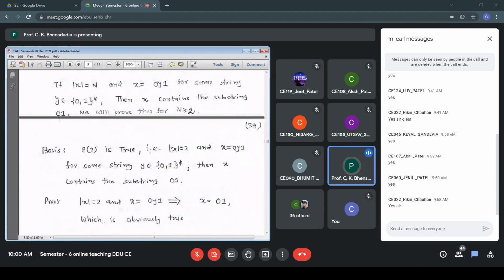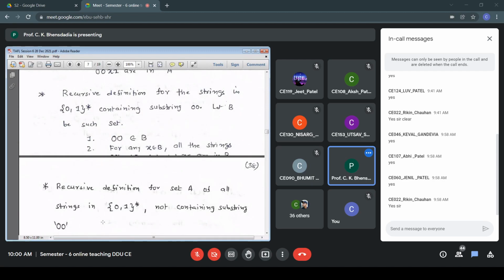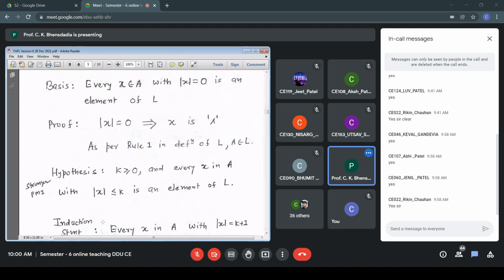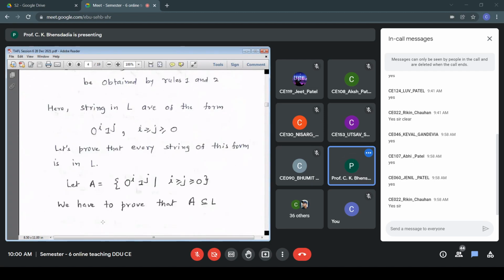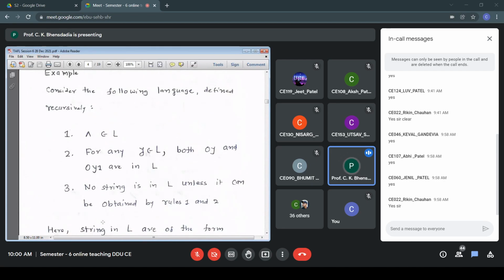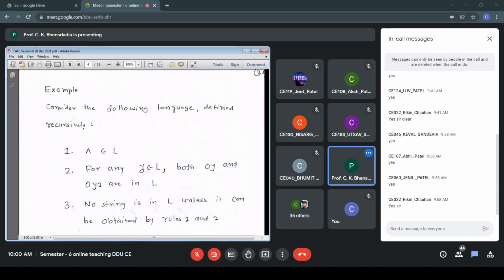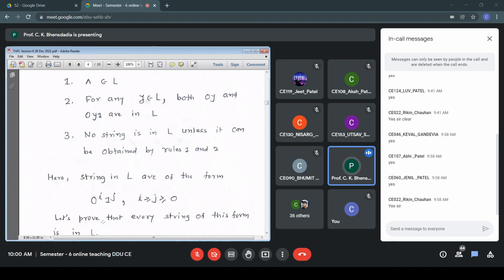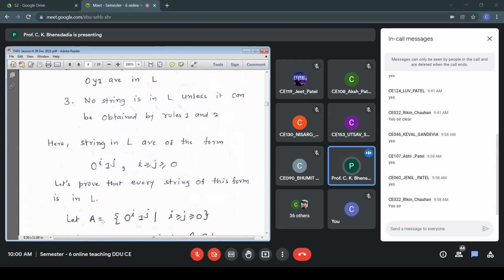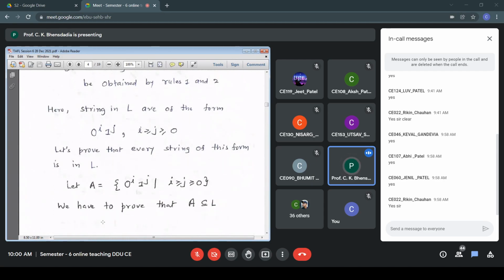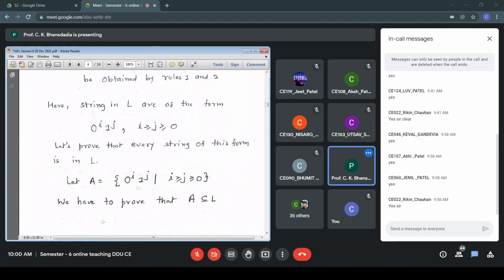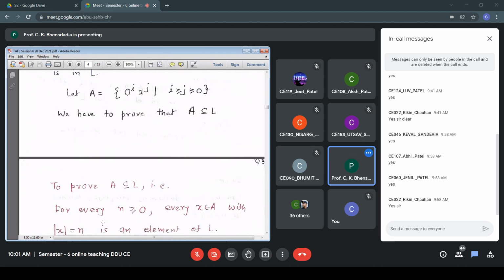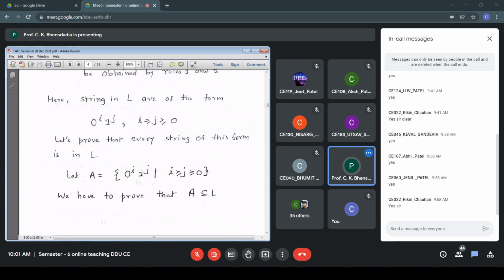Let's go back to that definition once again. So this was our language definition: 0y and 0y1 are in L. L contains strings of the form 0 raised to i, 1 raised to j, and we showed that A is a subset of L. Now we'll show the converse, L to be a subset of A. The converse of the statement.